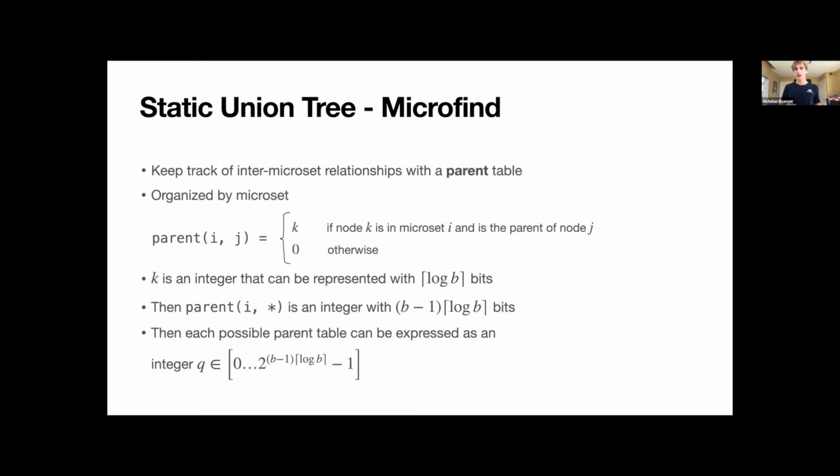And so we'll note that each one of these k's can be represented with ceiling of log b bits, because you can only have integers from 1 to b in a microset of b elements. And then each parent table can be represented as b-1 partitions of log b bits. So you have an integer with (b-1) log b bits. And so we'll assign this integer to be called a q, and it's within this range shown here.